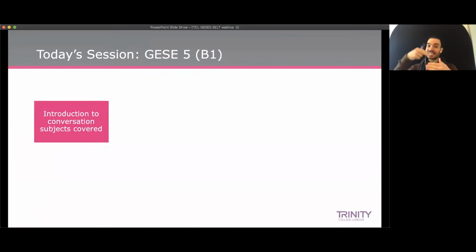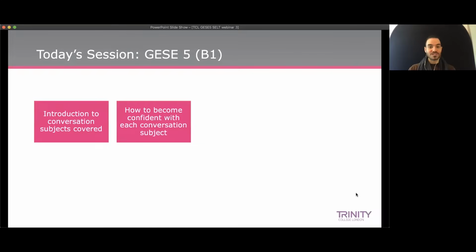There is a list of subjects, and in your exam, when you are at that conversation phase, the examiner chooses 2 subjects to talk about with you. So we will have a look at those. Then we will look at how to become confident with each conversation subject so that you are ready to talk about anything the examiner asks you.